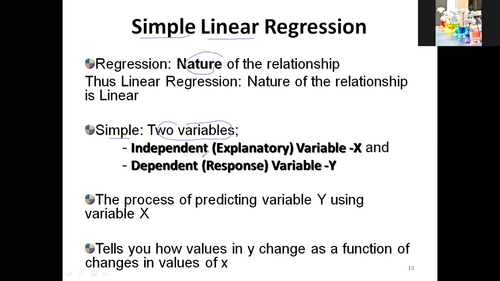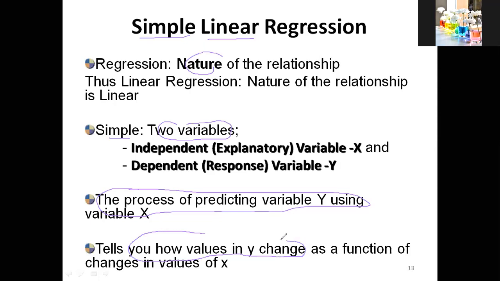The x variable is called the independent or explanatory variable. The y variable is called the response or dependent variable. As I pointed out earlier, we try to look at how we can predict the y variable using the x variable. Here we expect how the changes of y occur as a function of x when x changes with values. All right?